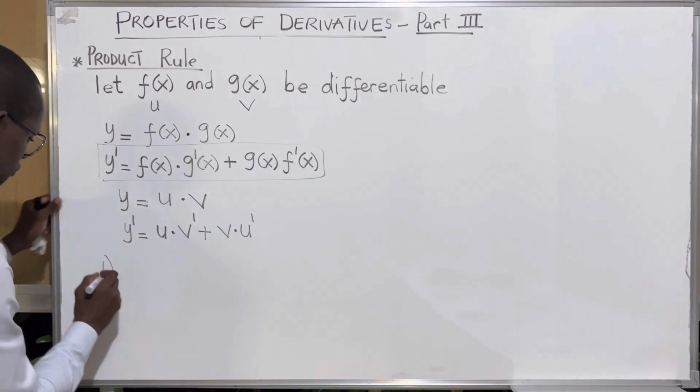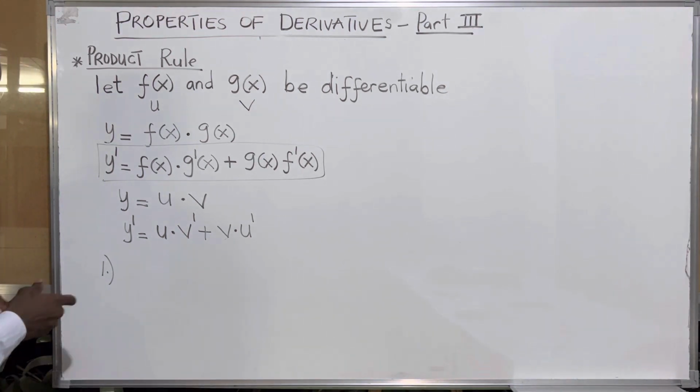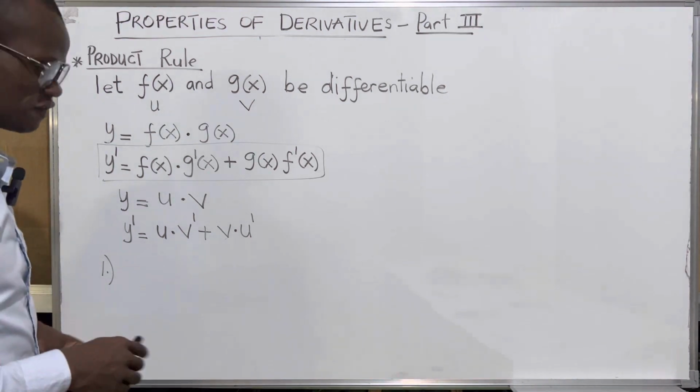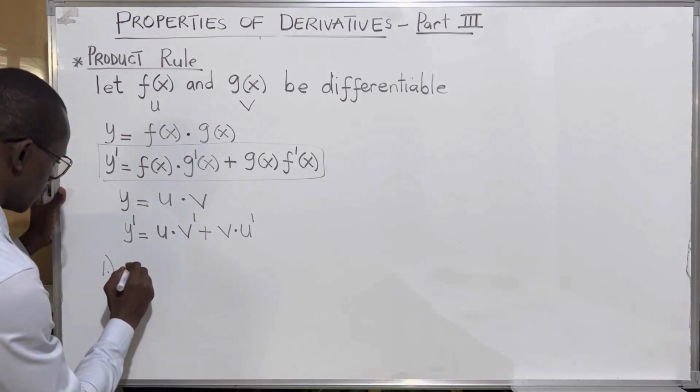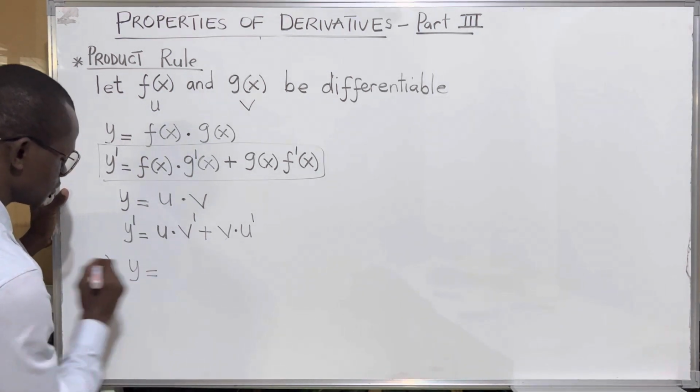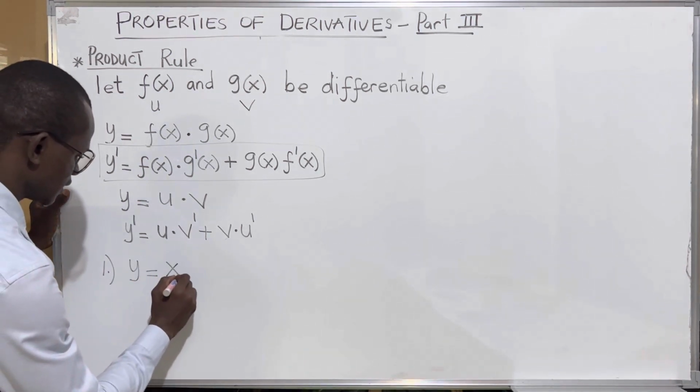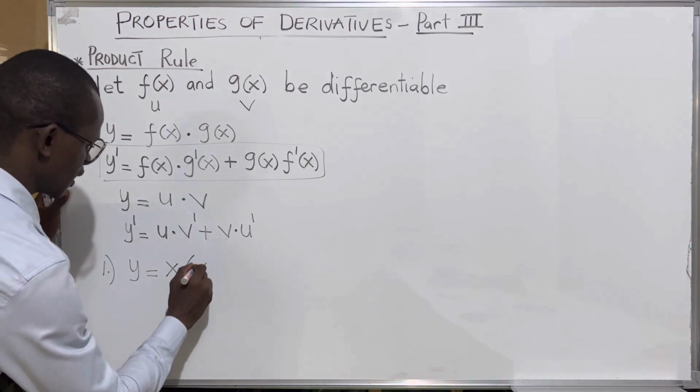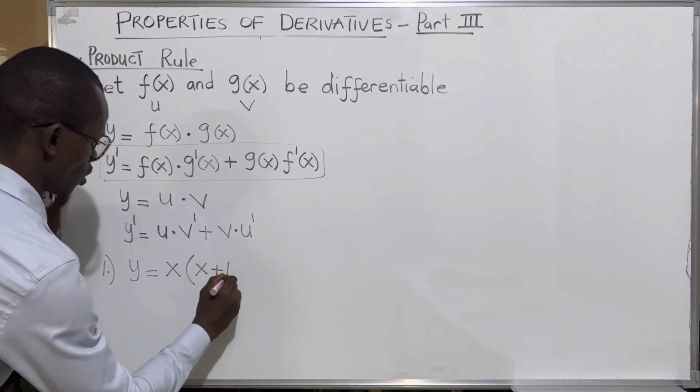Example number 1. Find the derivative of y equals x times x squared plus 1.